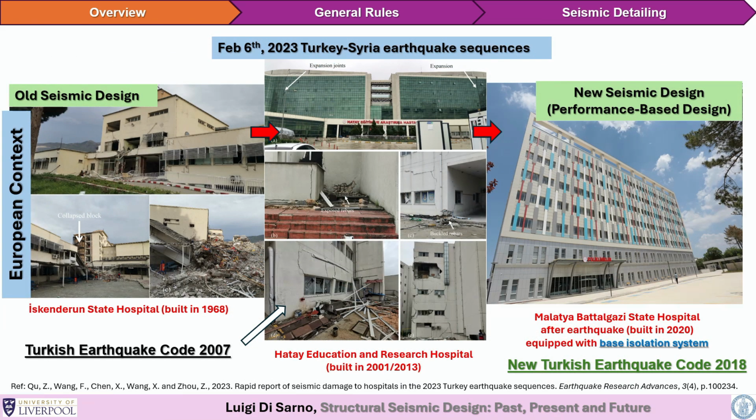What has happened recently? In February 2023, there were two major earthquakes at the intersection of three faults, in the area at the Turkey-Syria border. I had the pleasure also to go there soon after the earthquake. The earthquake occurred in February, and we went there to survey most of the buildings in May.